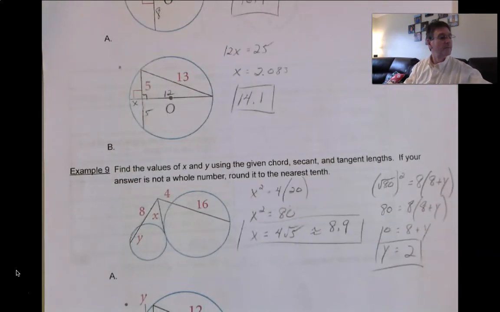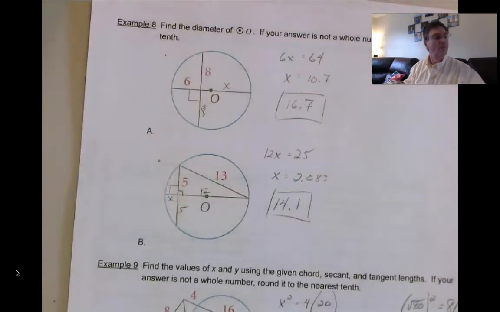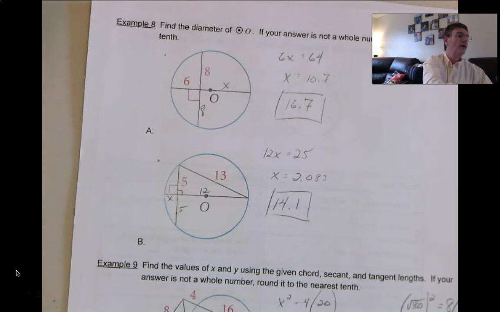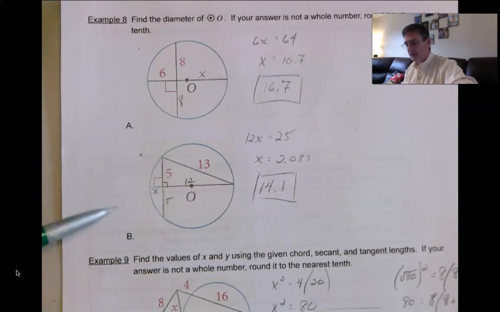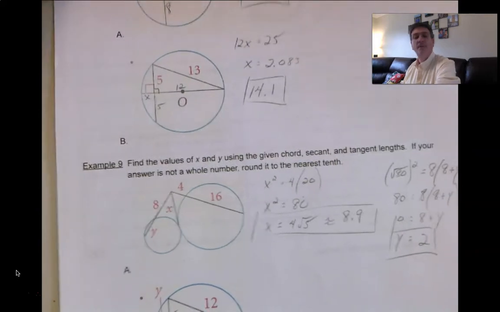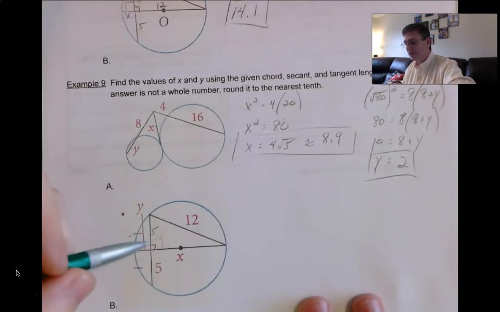We saw that in a previous problem. 5, 12, 13, right above it, and we would have been able to find the x that way. But we have to do the Pythagorean theorem.